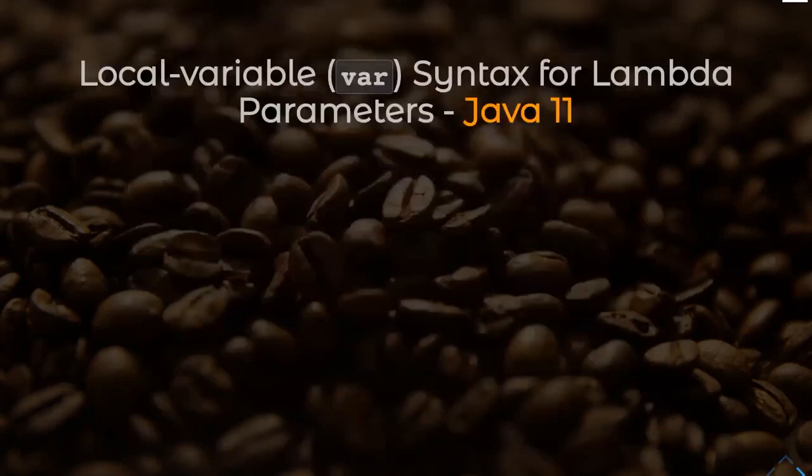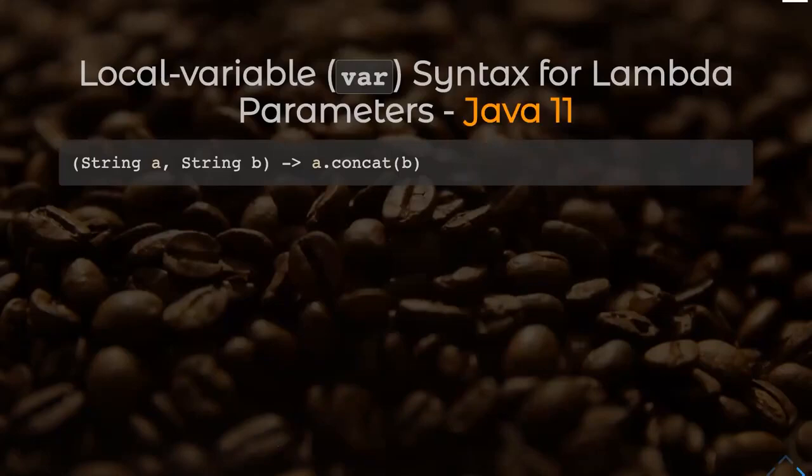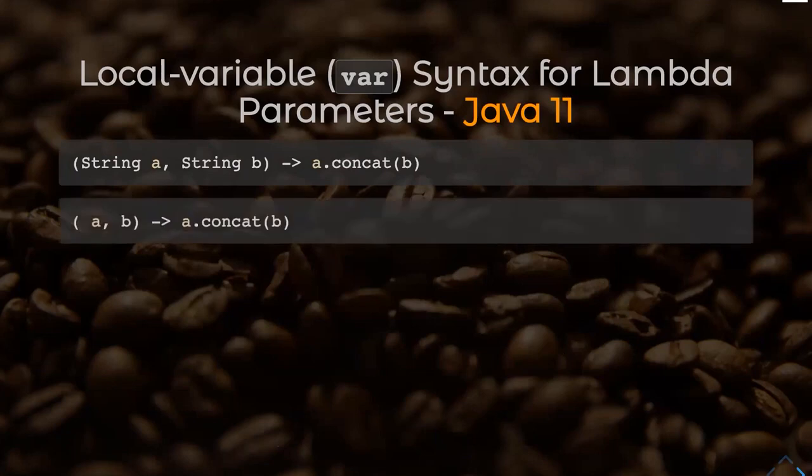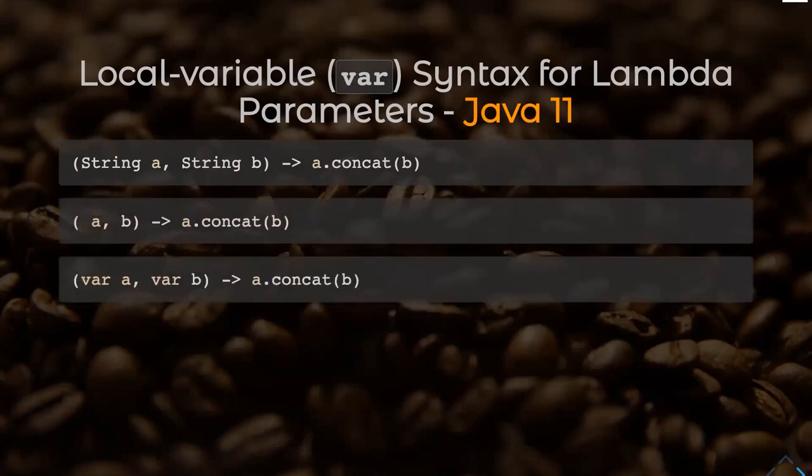In Java 11, also, var was first introduced in Java 10, and in Java 11 we did a little bit of enhancement, especially when we use lambda expressions. We can use lambda like this, and we can use it like this, but we cannot use it like this.